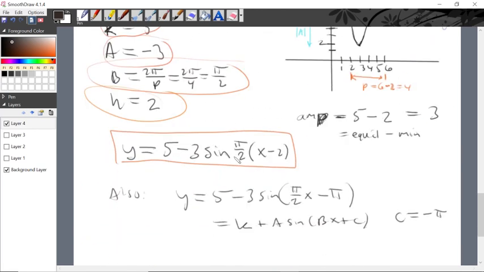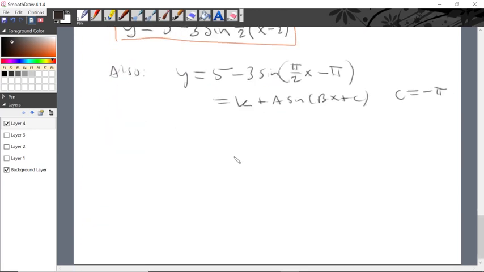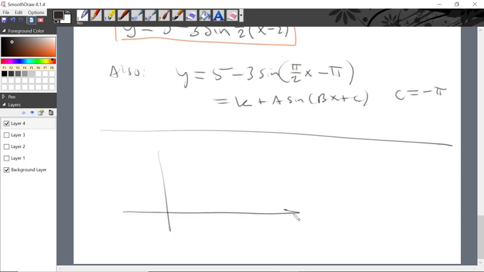Now, if you're given multiple waves, in some cases, let's say you're given a few waves, and maybe you know what the x value is here.